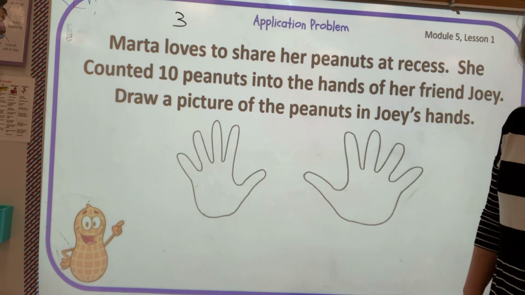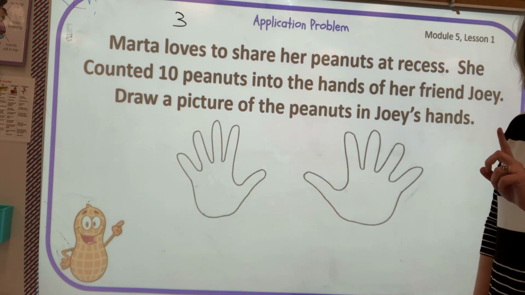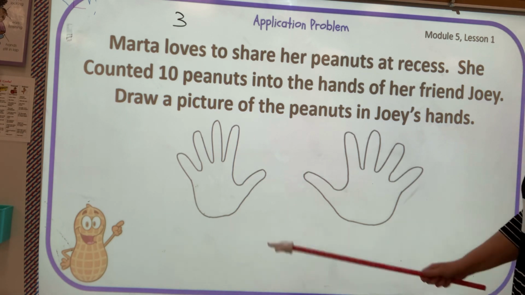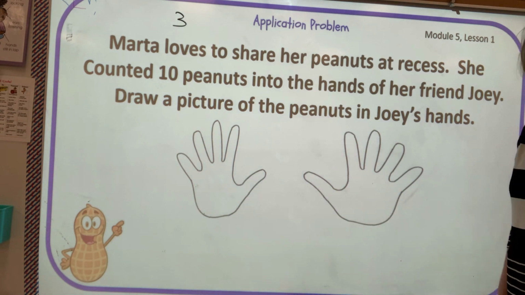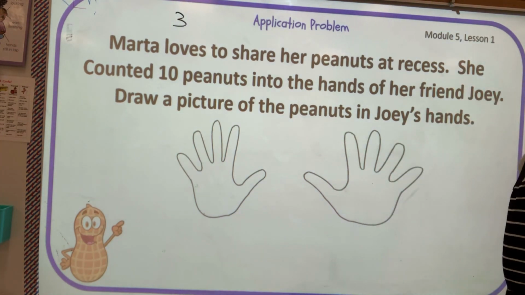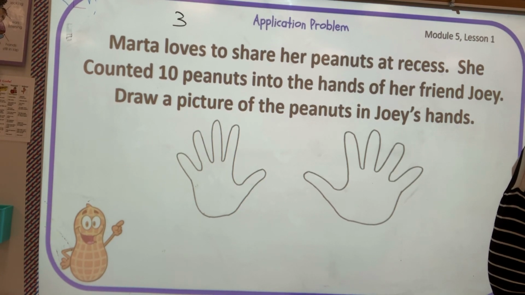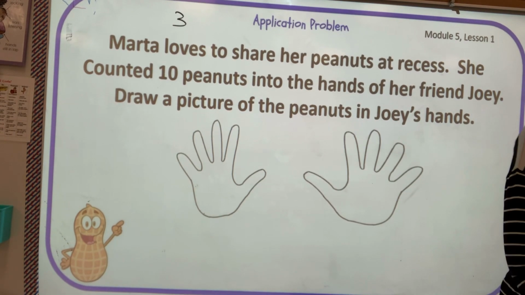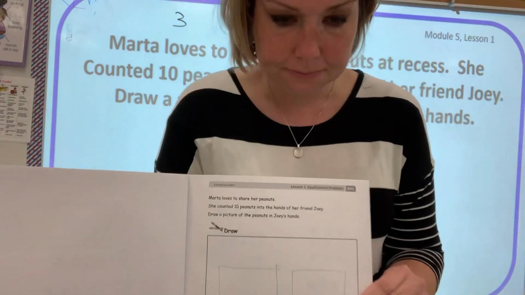Okay, let's take this one sentence at a time. Now, I have hands here. On your paper, you can do this. You can do 2 squares to represent the 2 hands.